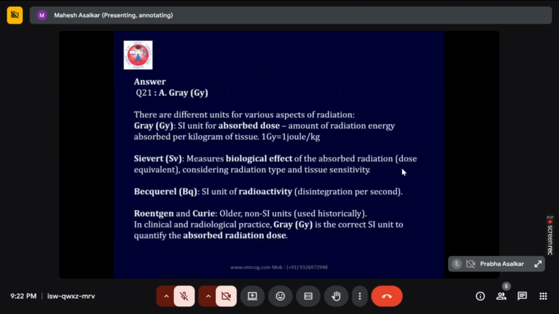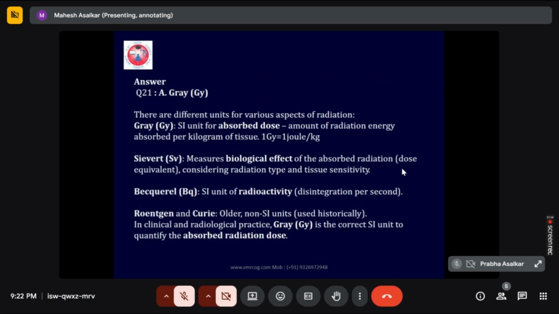Okay. So there are different units for various aspects of radiation. Gray is the SI unit for absorbed dose, that is the amount of radiation energy absorbed per kilogram of tissue. So 1 gray equals 1 joule per kg. Then the Sievert, Sv, measures the biological effect of the absorbed radiation dose, considering radiation type and tissue sensitivity.